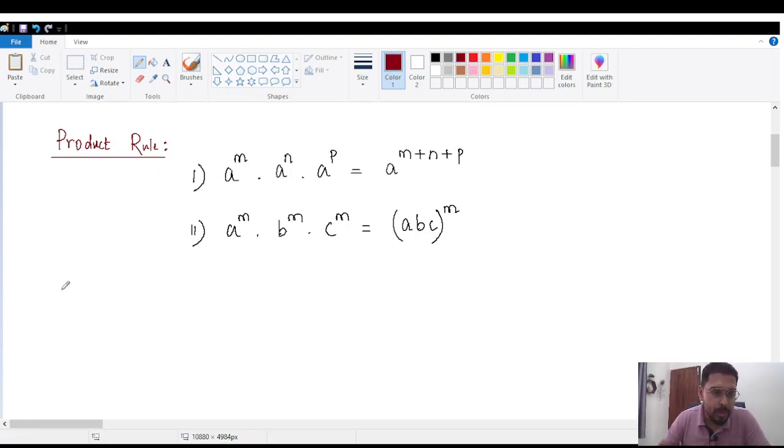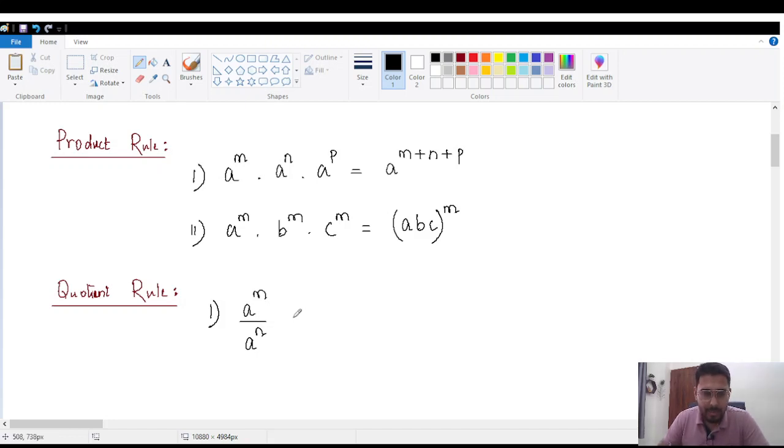Rule number two is known as the quotient rule. What I have discussed for multiplication is the product rule. If the same thing happens in division, that is the quotient rule, but the application will be different. Let's say I am dividing a raised to the power of m over a raised to the power of n, which means the bases are the same.